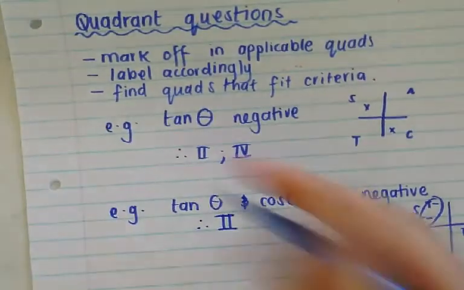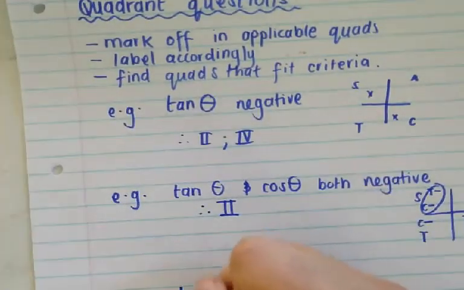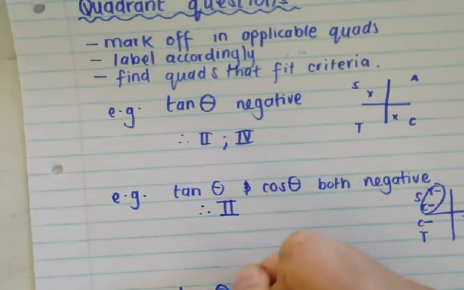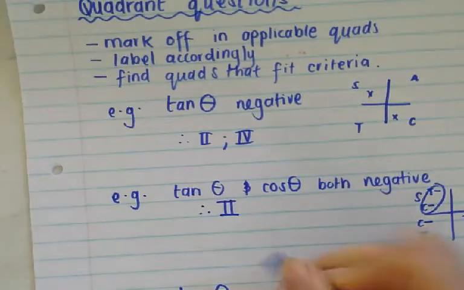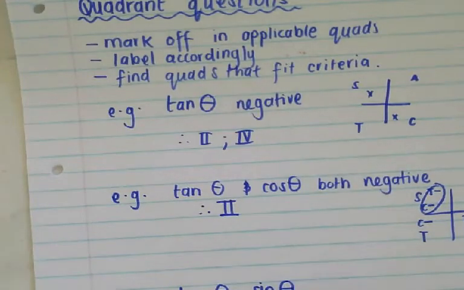Going to go one more step difficult. I want to know where tan theta times sine theta is negative. Now what?